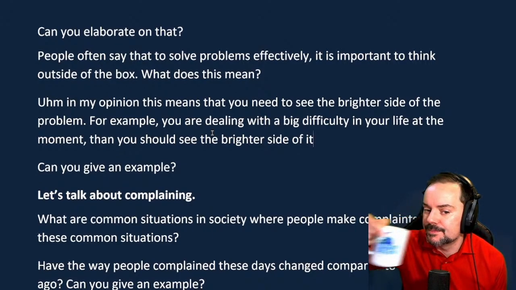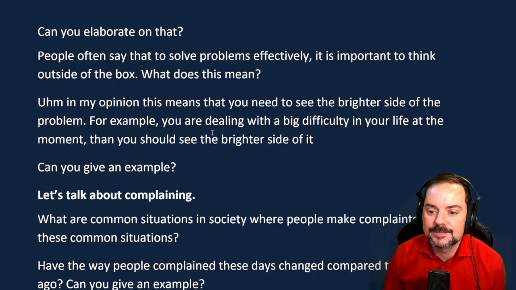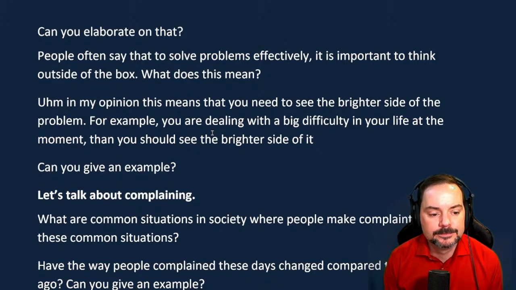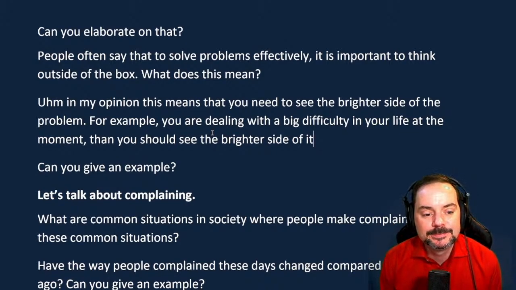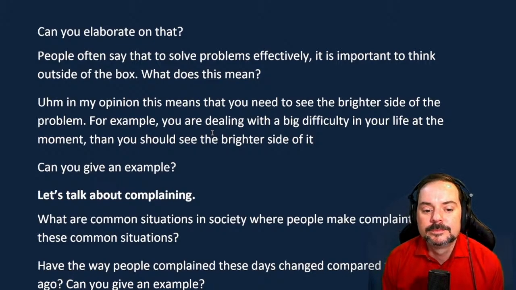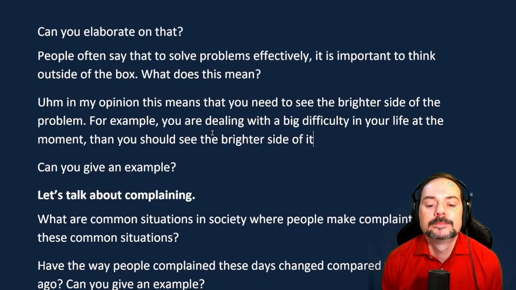Well, people need to see the brighter side of any difficulty. Is that right? Don't check, just keep going. That's perfect. For example, when someone wants to pass an examination, they should keep in mind the outcome of their hard work.